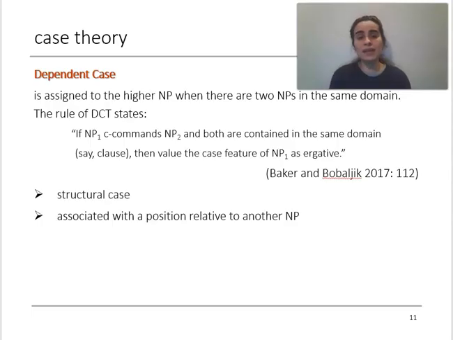So here the main idea is that Georgian ergative must have the second argument in the structure, and this second argument must have unmarked case. The dependent case theory has been proposed by Marantz, by the way, and then developed further in Baker and many other syntacticians.